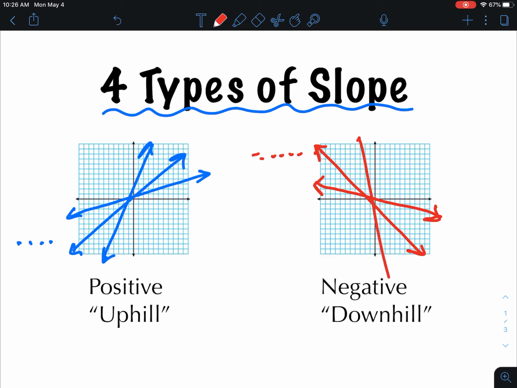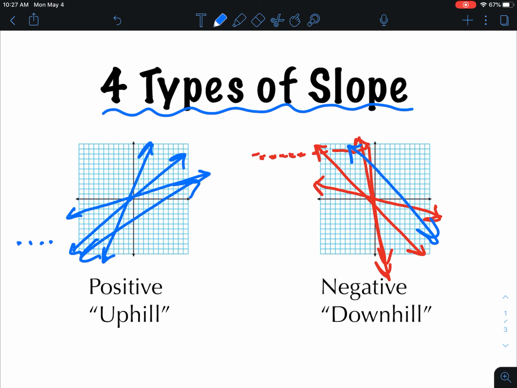Or they could be really steep. Okay? But those lines, if you're coming this way and you hit one of these lines, you're going to be going downhill. So that's the difference between positive slopes and negative slopes. Okay? Positive slopes, you're always going uphill. Negative slopes, you're always going downhill. Okay? So those are two different types of slope.